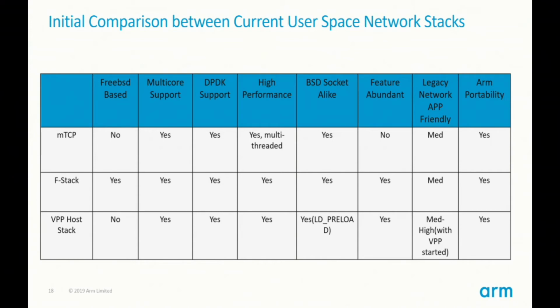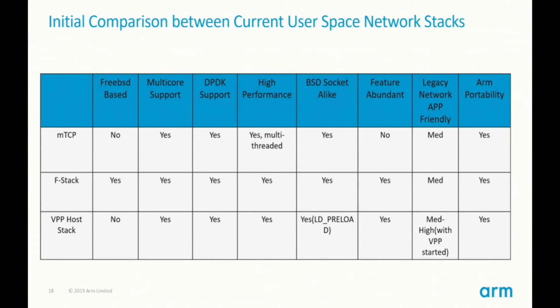But mTCP is an independent implementation, so its features are not as rich as VPP Hoststack and Fstack. So we are putting more resources on the VPP Hoststack and Fstack these days.